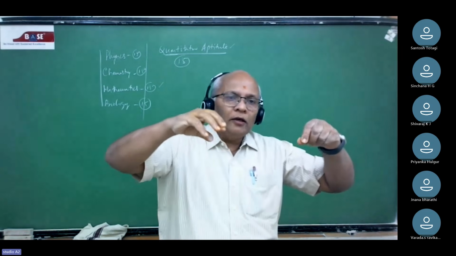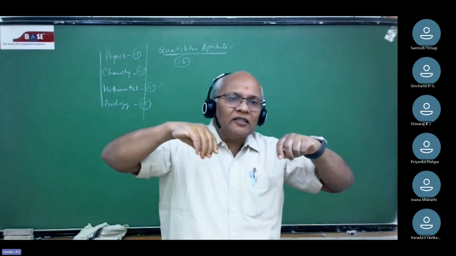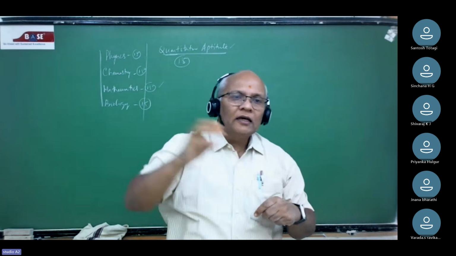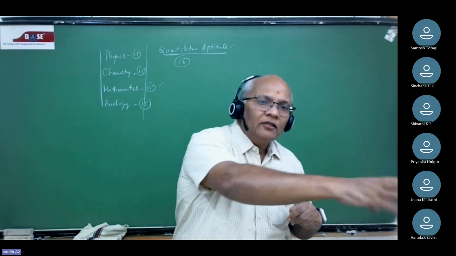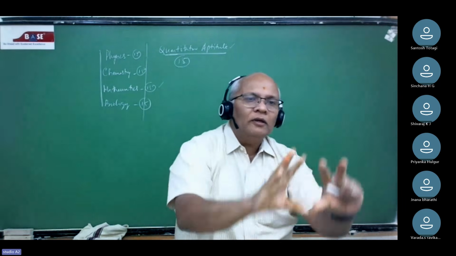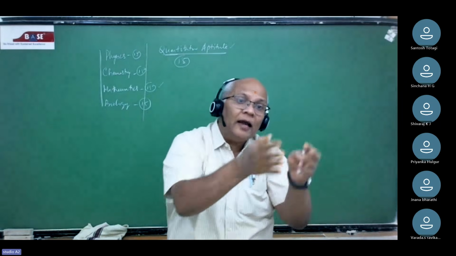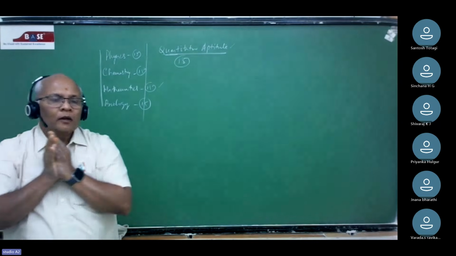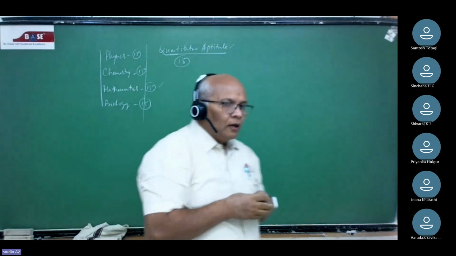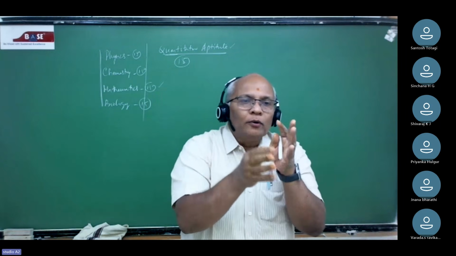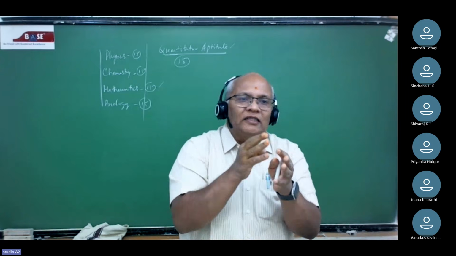You can look at simultaneous equations this way. Tap A can fill the tank in 2 hours. Tap B can fill the same tank in 3 hours. If both the taps are kept open, within how much time will the tank be filled? Such questions can be looked into. Going further, you will be in a position to say that you know much about computing the LCM, computing the HCF, and so on.